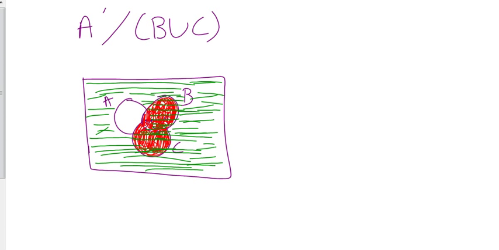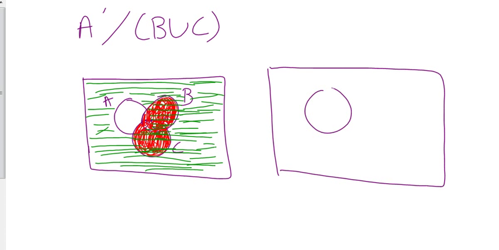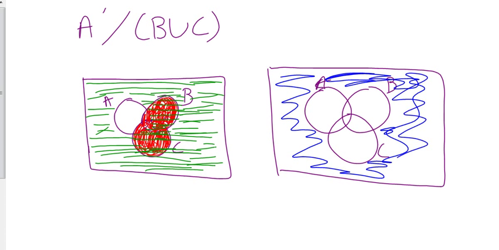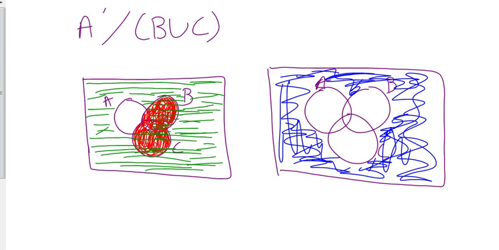So it's just everything outside the circles. Yeah, so it's just everything outside all three circles. Okay, there we go.